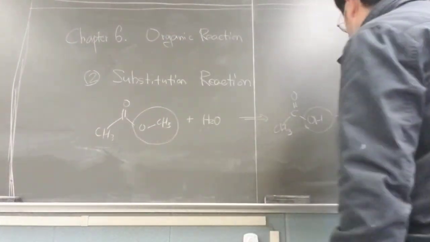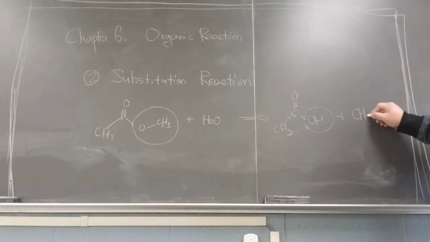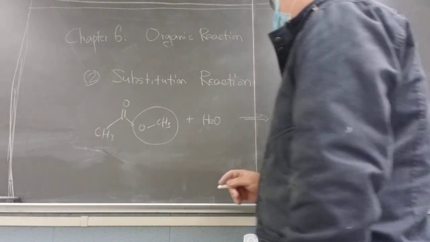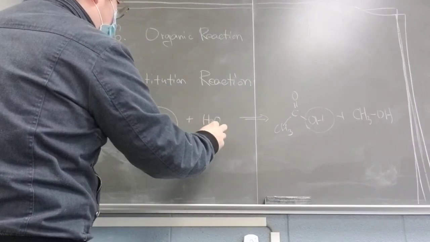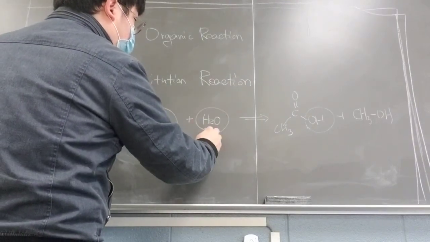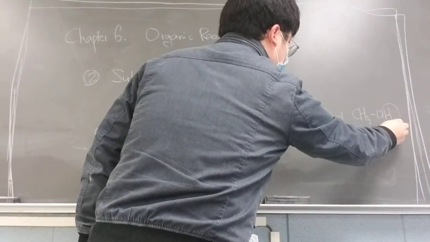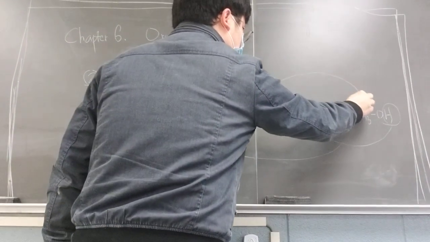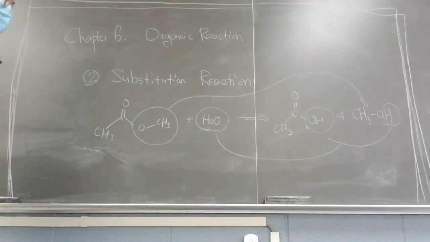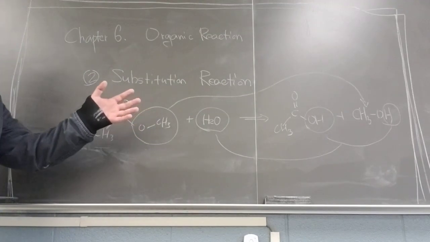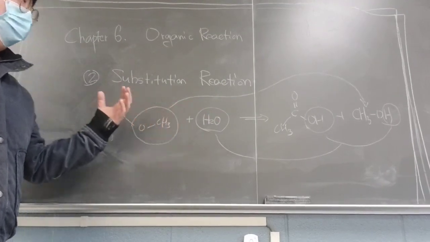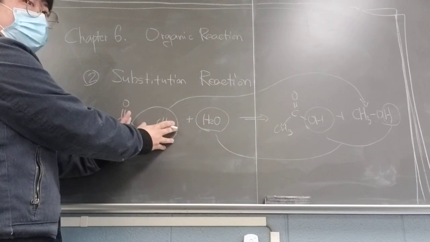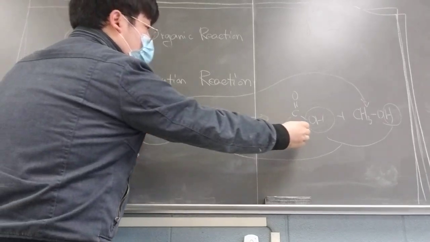And then you're going to have methanol. What happens is, if you look at this one, this is coming from here, and this is it over here. Simply, water comes in, and this is a substitution reaction. It replaces these groups with the hydroxy group.